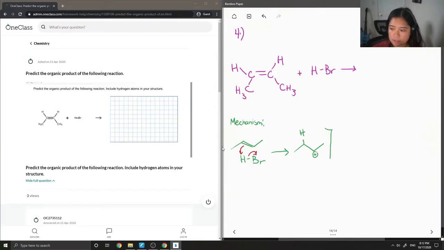And then as an intermediate, you have this carbocation. So that means it's a positively charged carbon.